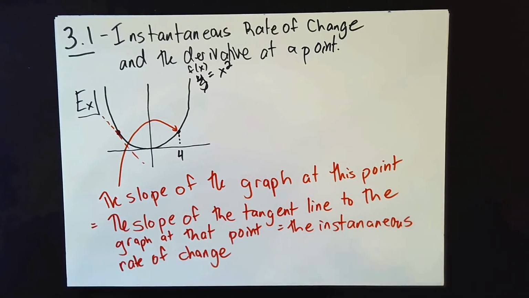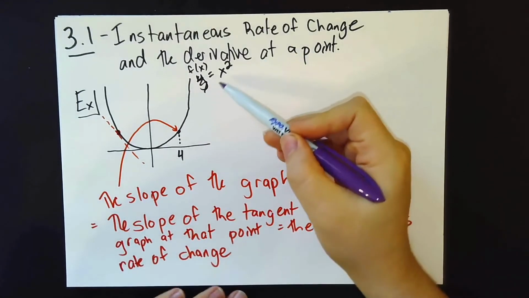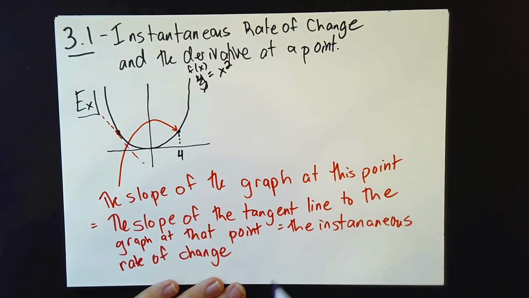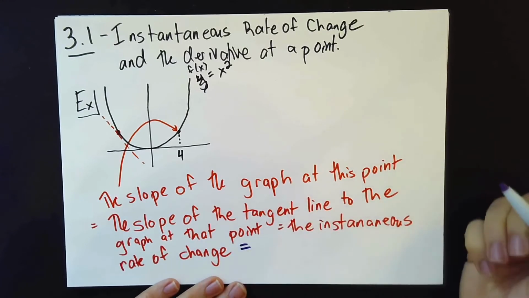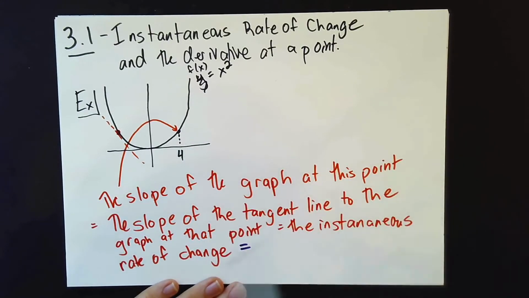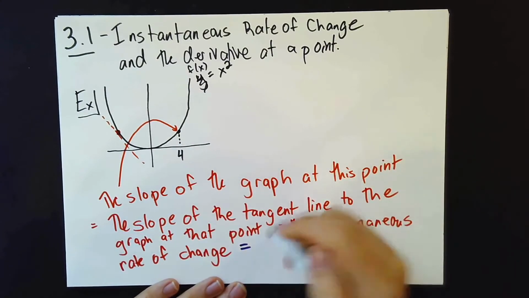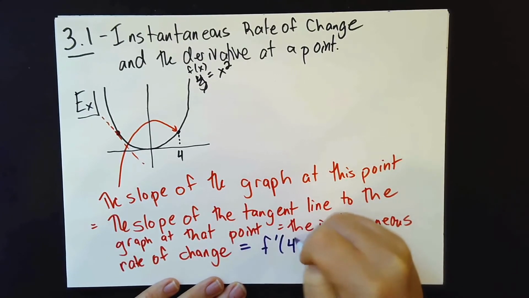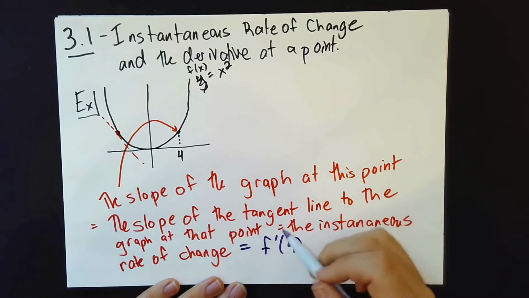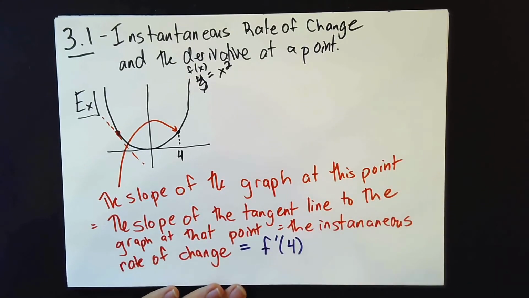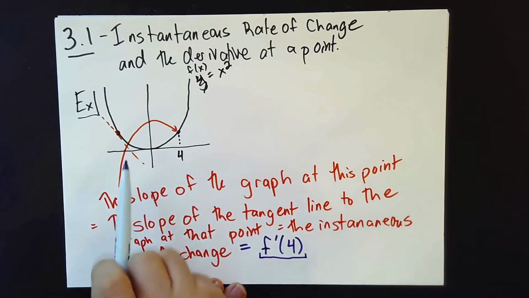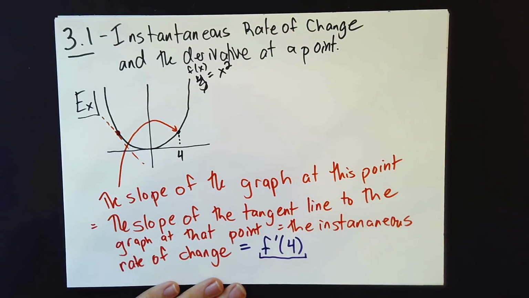Now, we'd like to be able to talk about this more concisely, and so the notation we're going to use, if I'm talking about the slope of the graph at that point, is I'm going to write this as f prime of 4. So this apostrophe I am reading as prime. And so the advantage of this notation is that it is infinitely shorter to describe than all of these other things.